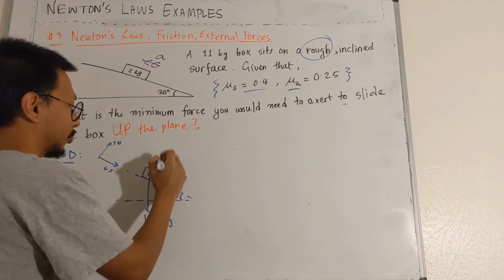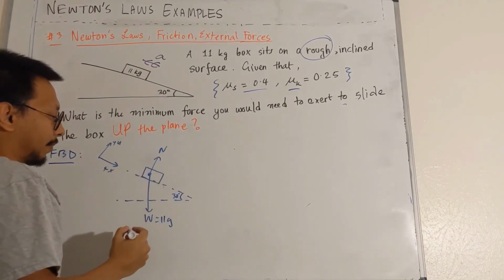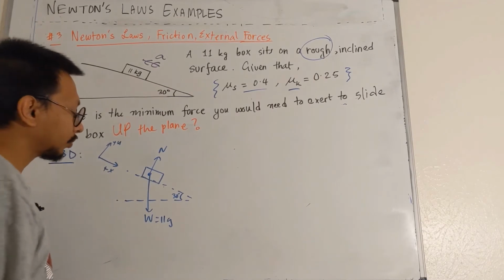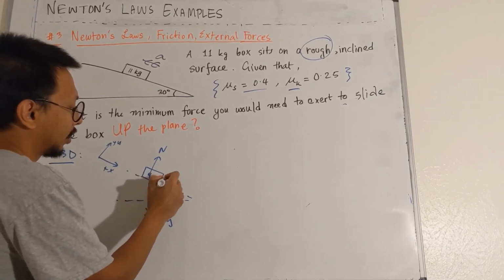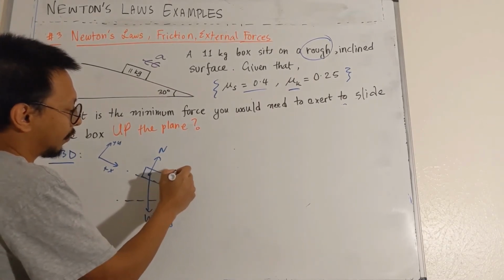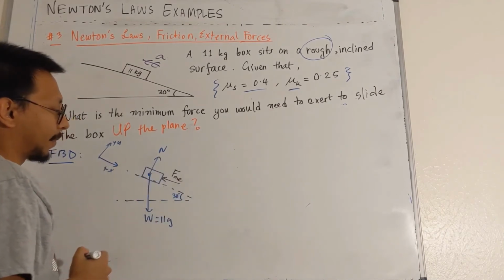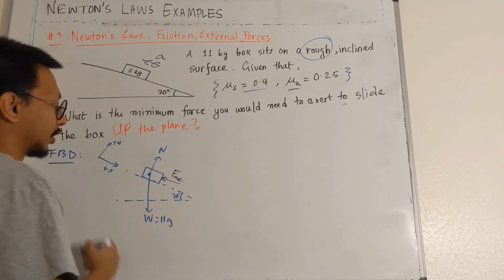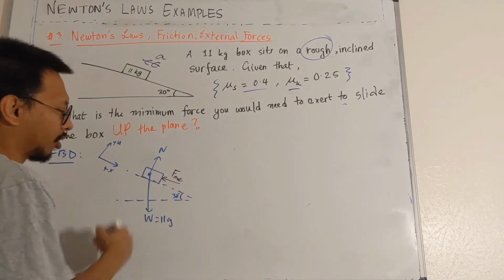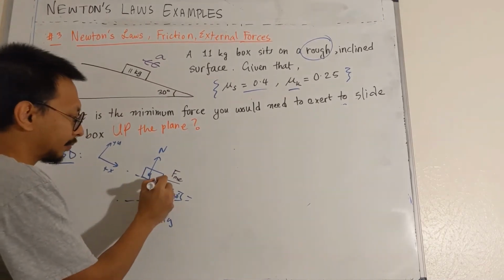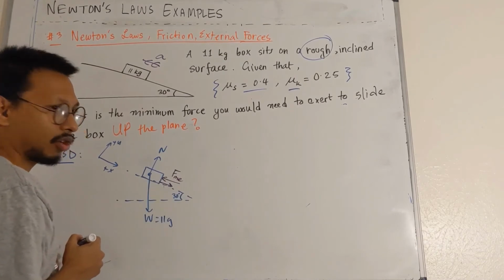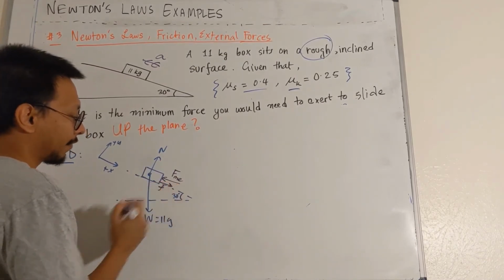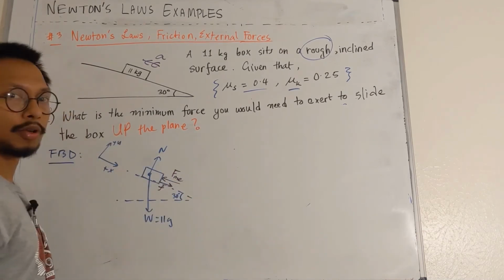Normal force as usual is perpendicular to the plane. And now our two forces: I will exert a force, let's call it F me, up along the plane to slide it upwards, and the friction will oppose the sliding, hence it will be opposite to my applied force. So F is now down along the positive x direction.